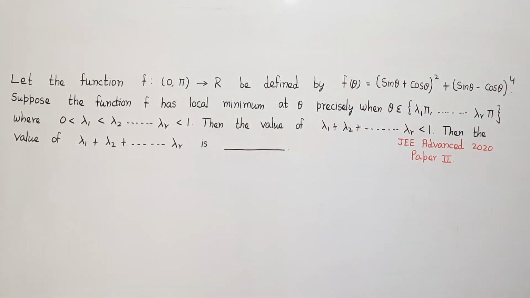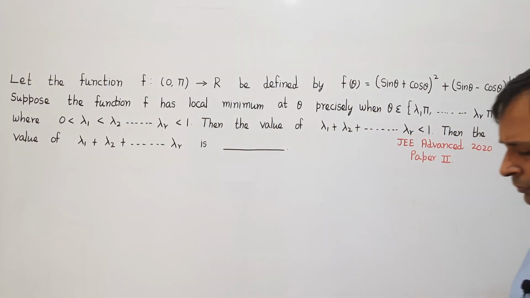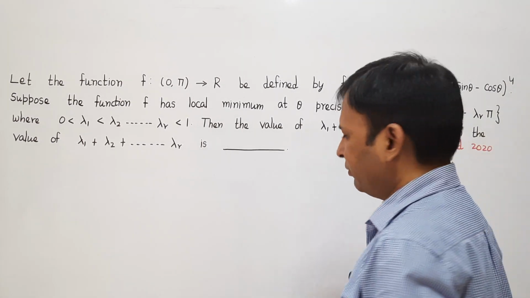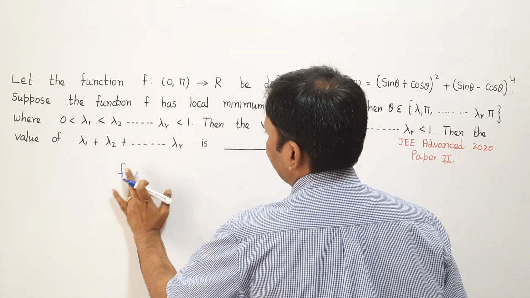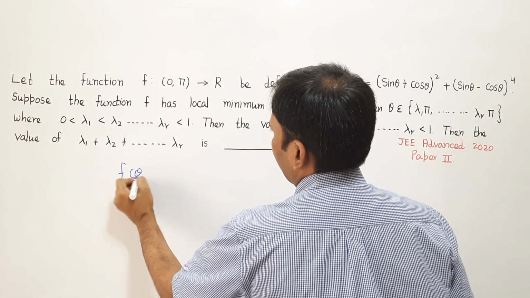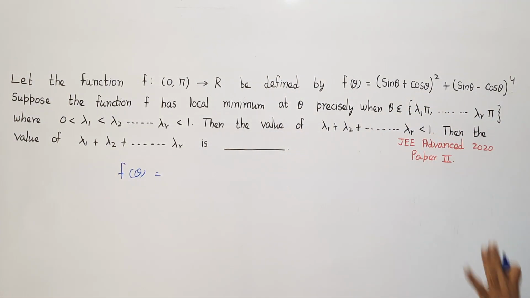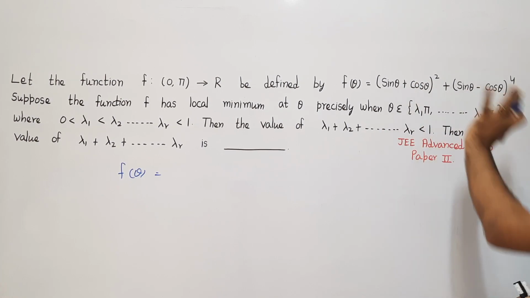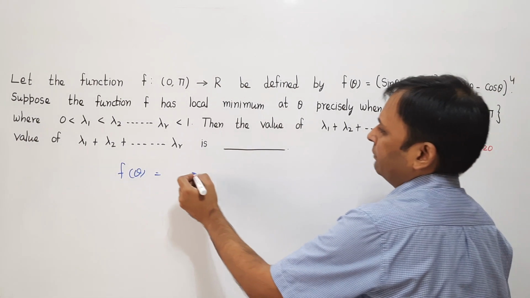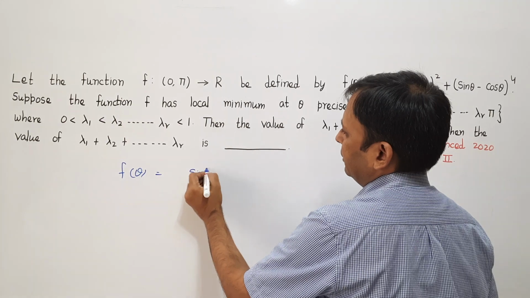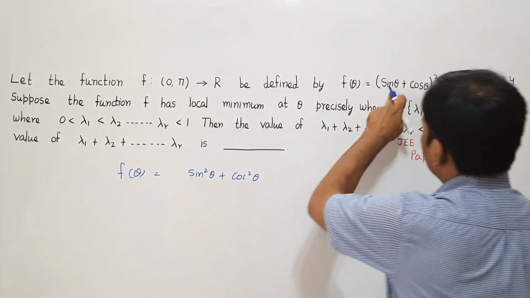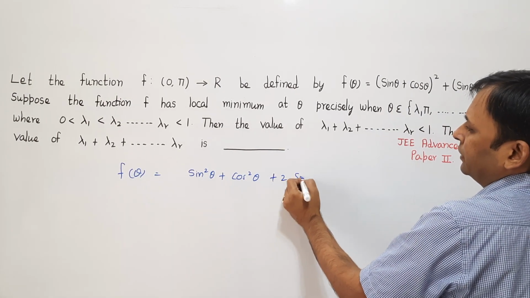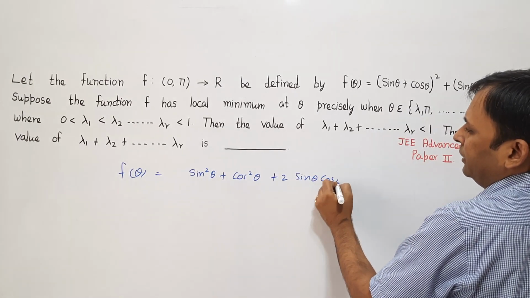Now to do that I will start from what is given to me, the function f of theta. Let me first simplify both these brackets. I have been given (sin theta plus cos theta) whole square, which I will write as sin square theta plus cos square theta plus 2 times sin theta into cos theta.